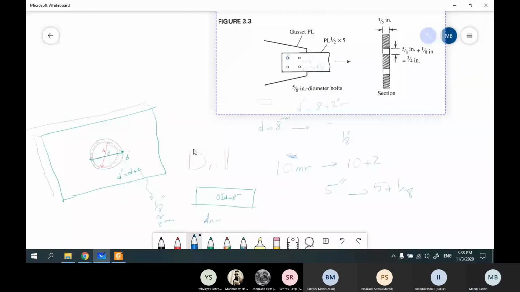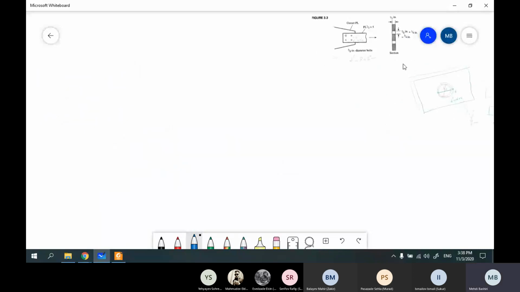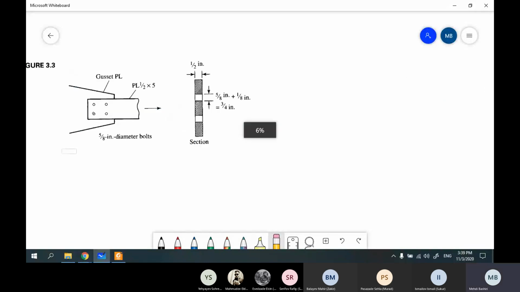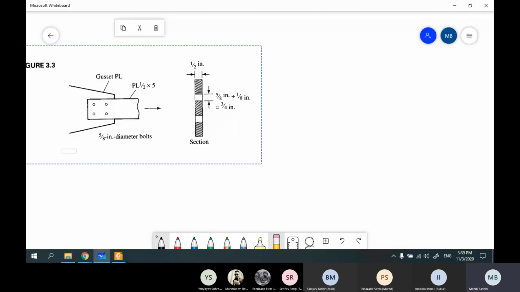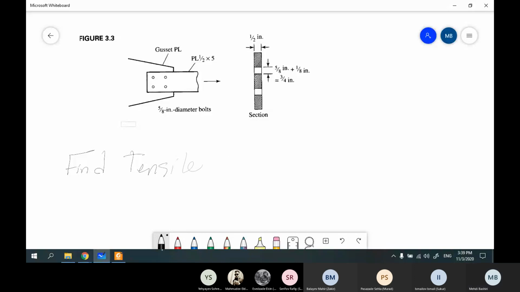Okay, let's solve the example. This is the main title of this example: find tensile strength.